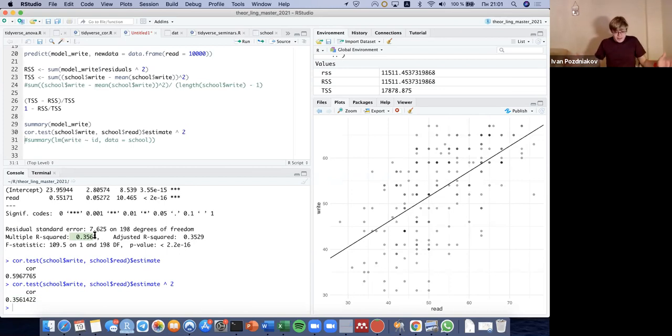And remember that the correlation coefficient can be from -1 to 1. 0 means that there is no correlation, no linear association between variables. -1 means that there is absolute negative correlation: the higher is X, the lower is Y. And +1 means perfect positive correlation: the higher is X, the higher is Y, right?